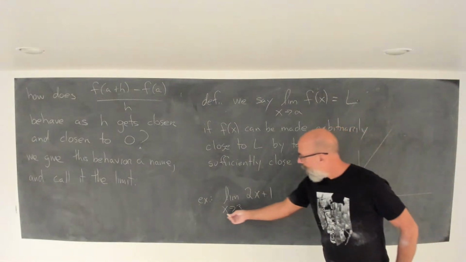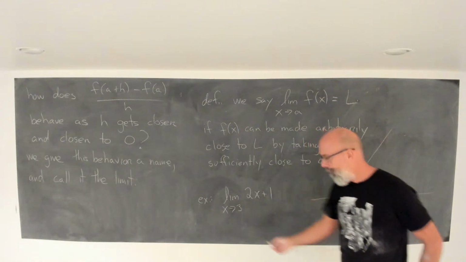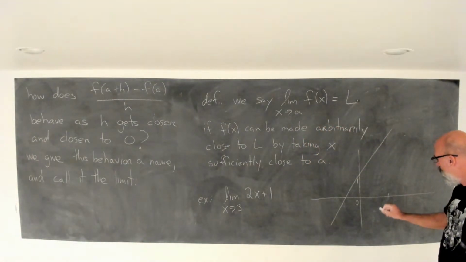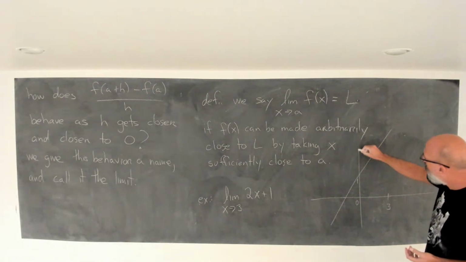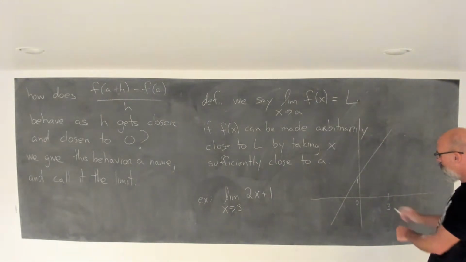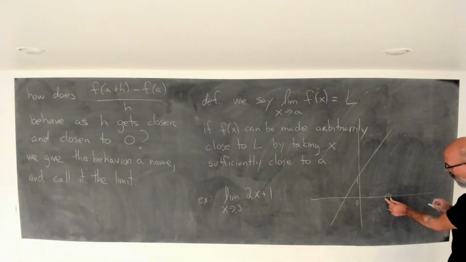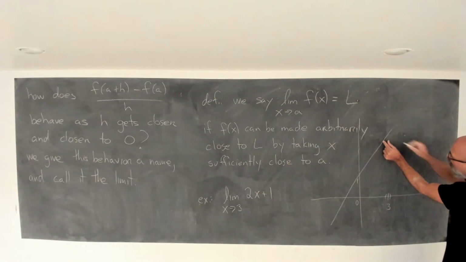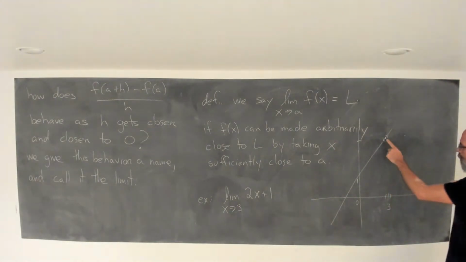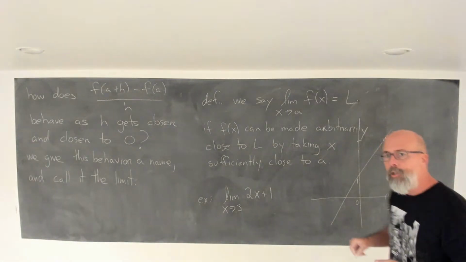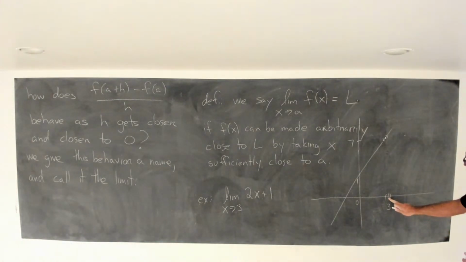And what are we looking at? We are looking at the behavior as x gets closer and closer to 3. So what is happening to this function as x, if you take values of x very close to 3, this function gets mapped to numbers very close to, as Joanna suggests, very close to 7.